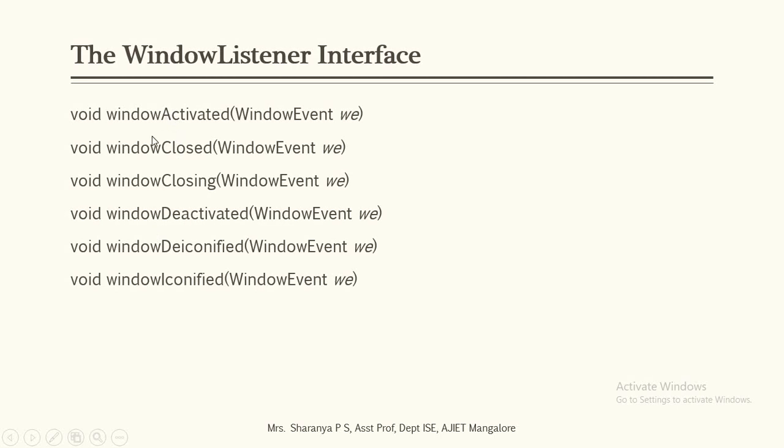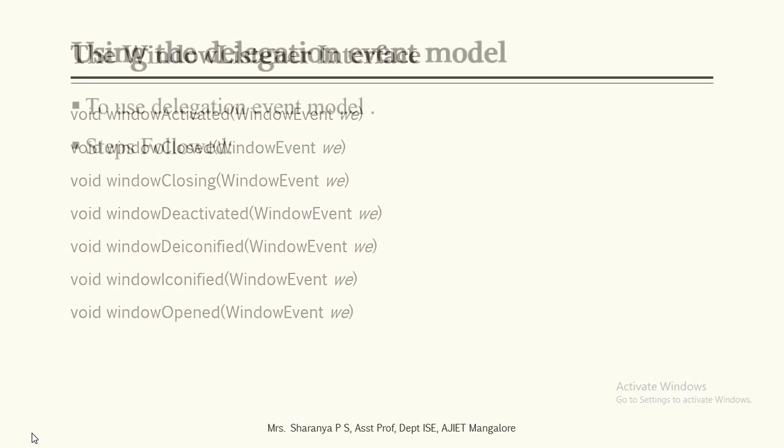Here, one convention that we follow is that each time we use the second word with a capital letter. And when the window is opened, what is the operation we want to perform? These are all the different methods that are defined under the window listener interface.